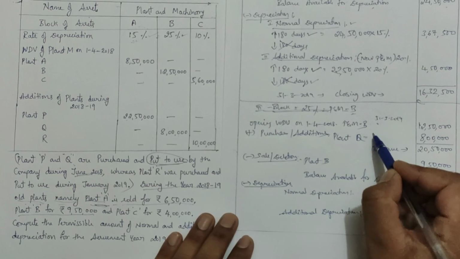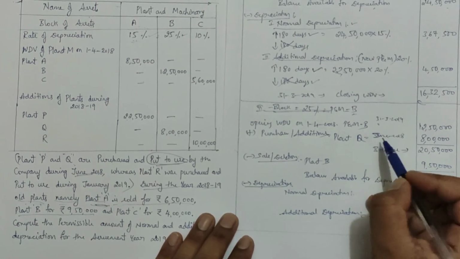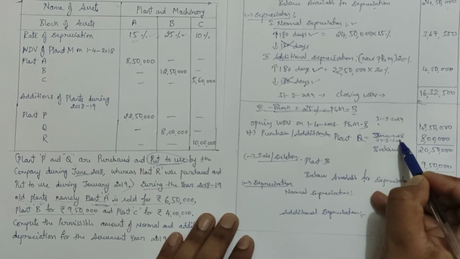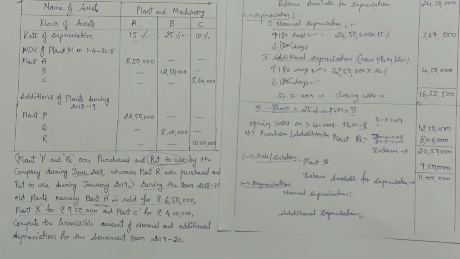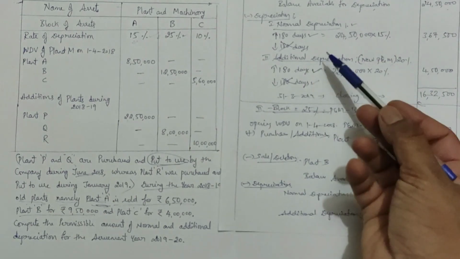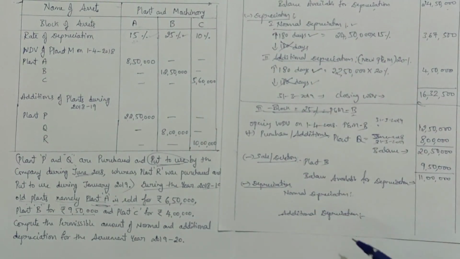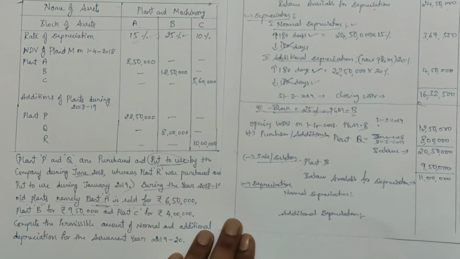Correct. So even this is from June 2018 till 31st/3/2019. So how much will we get? Almost 300 days. The same way we calculated for the first block, even here we need to calculate. So both plant B and plant Q have more than 180 days.